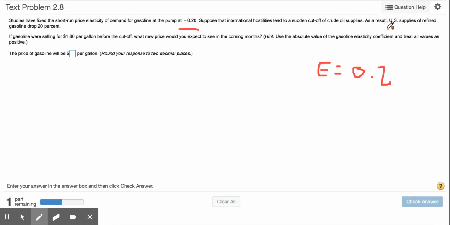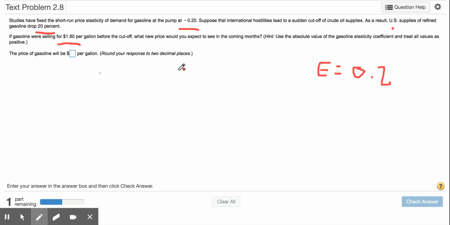And over here we have, as a result of international embargo or hostilities, supply decreased by 20%. Okay, so the initial price of gasoline was 1.8.